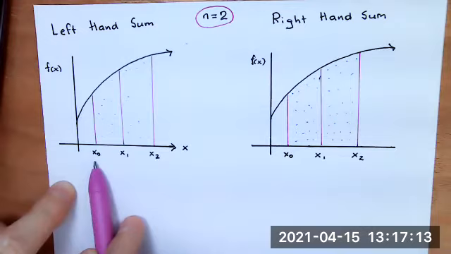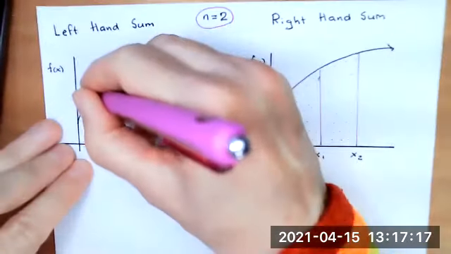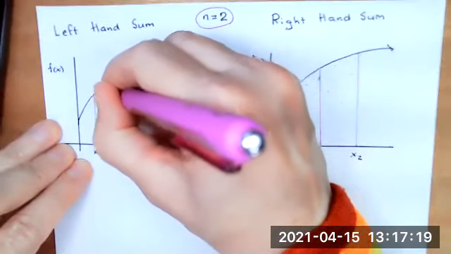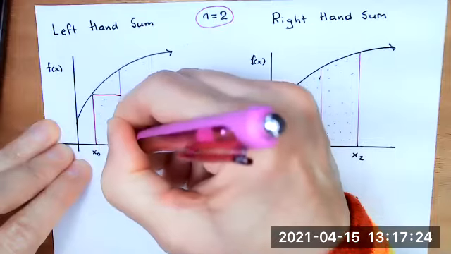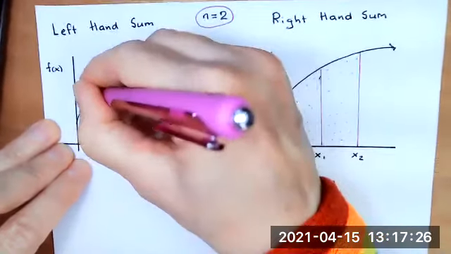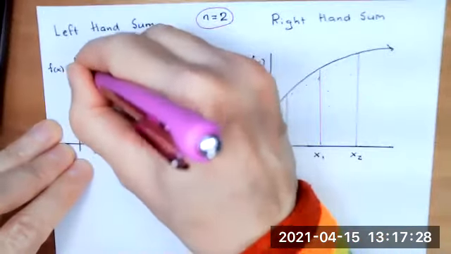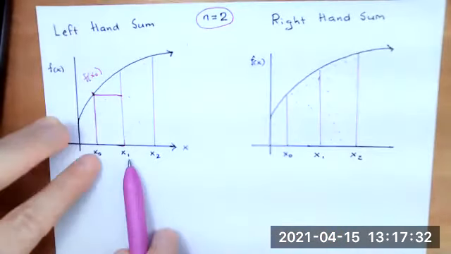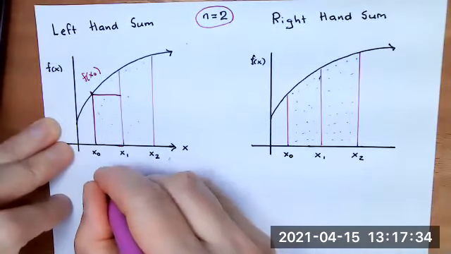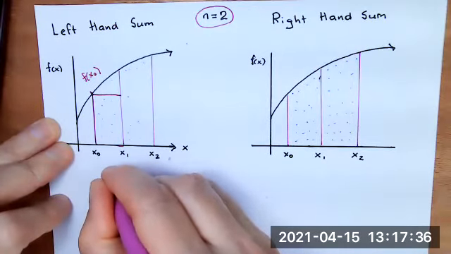When we do the left-hand sum, we use the height from the left. So we would use this rectangle. So the height is f of x0, and the width, as always, is delta x.